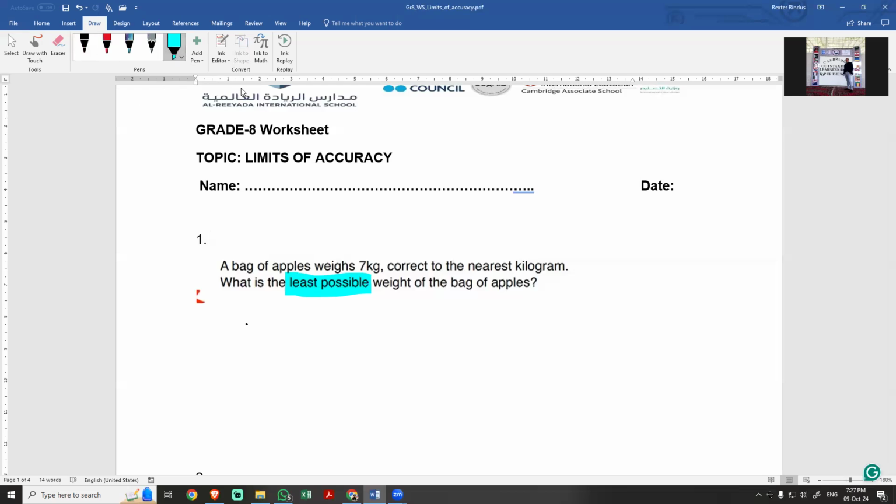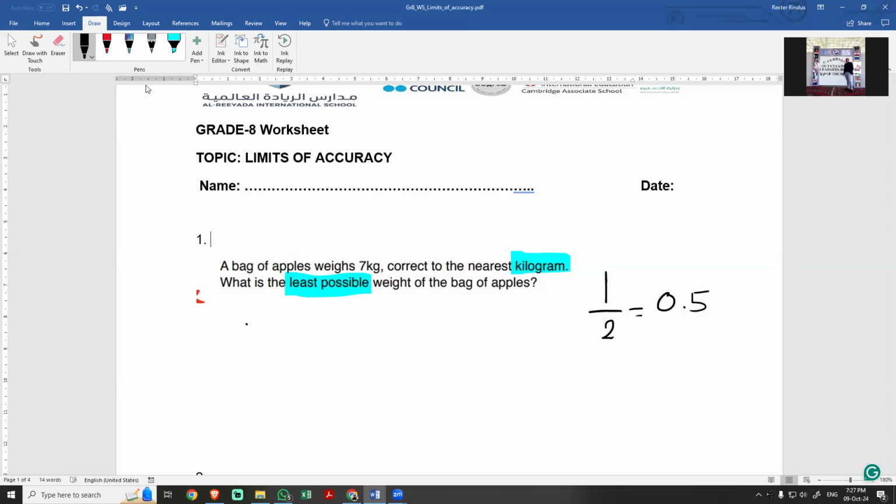The keyword you have to look into is what they are asking for here, which is in kilogram. It can be in grams, depending on the question, but at the moment it's just kilogram. So it's going to be a whole number. So your basis is this one here. Kilogram means 1 divided by 2, so your tolerance will be 0.5.